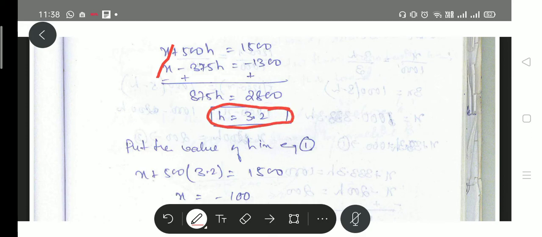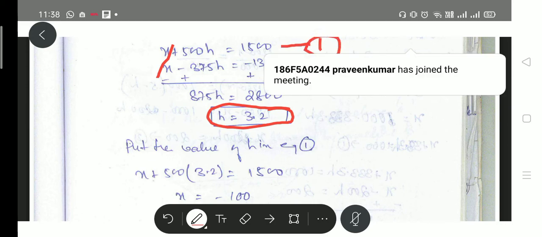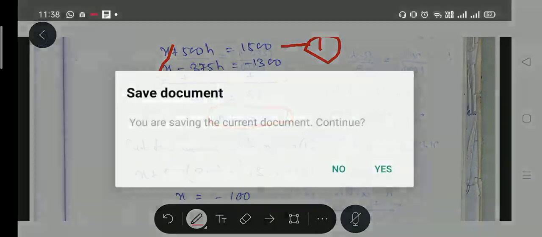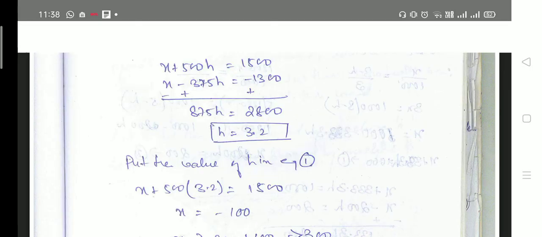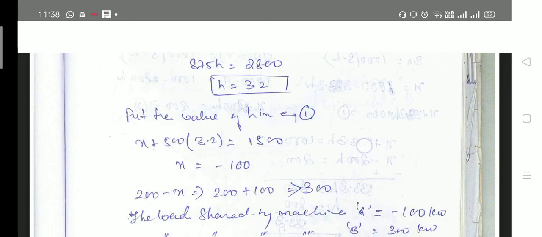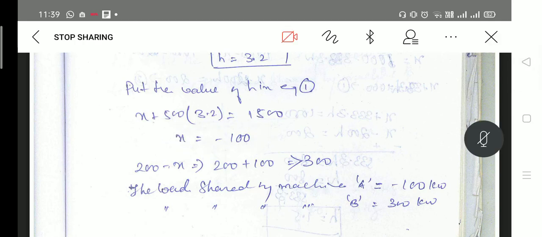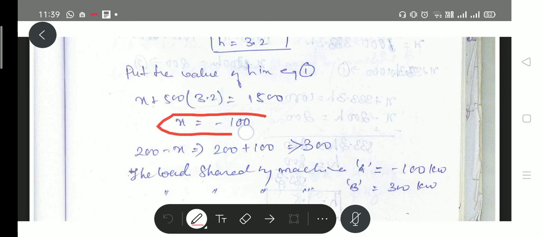We can substitute the h value in equation 1 or equation 2. Any one of the equations we can substitute the h value, we will get the x value. I am substituting in the first equation. So we will get x value is minus 100.